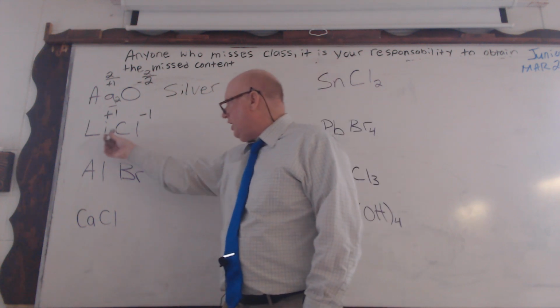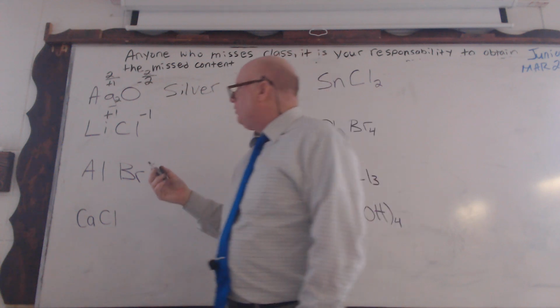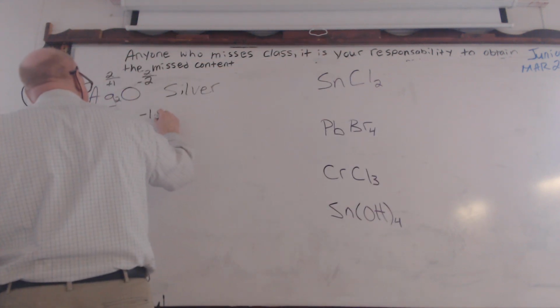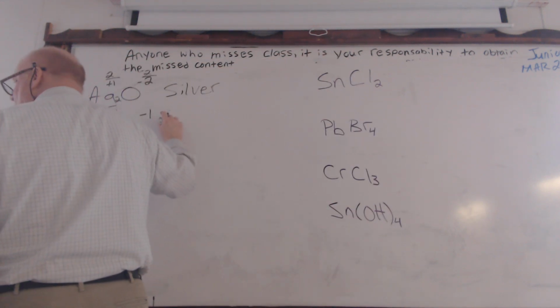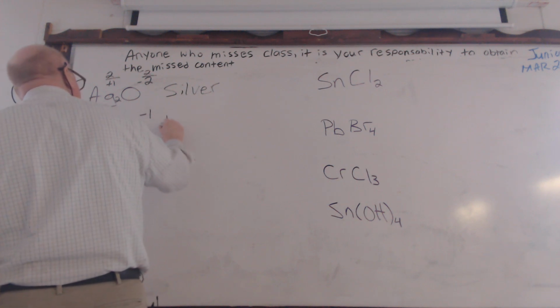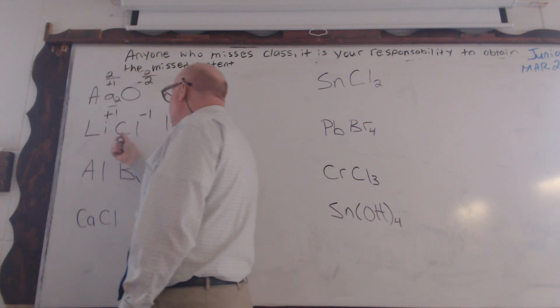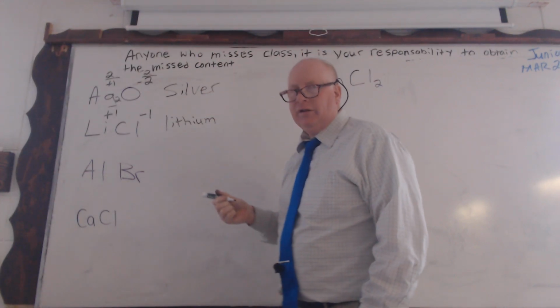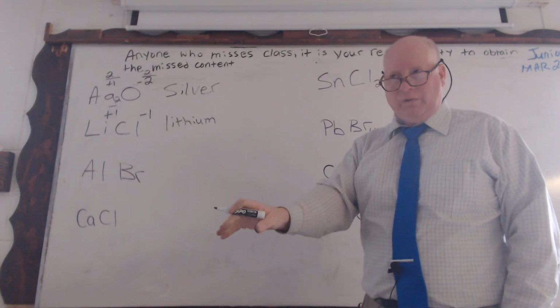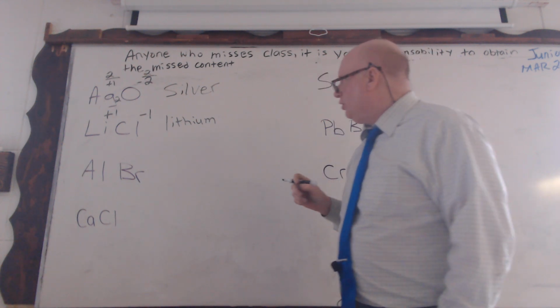So we don't need to change anything down here. So element 3 is called what? Lithium. And then it's not lithium chlorine. It's called lithium what? What did we just read at the bottom of page 565? Lithium chloride.